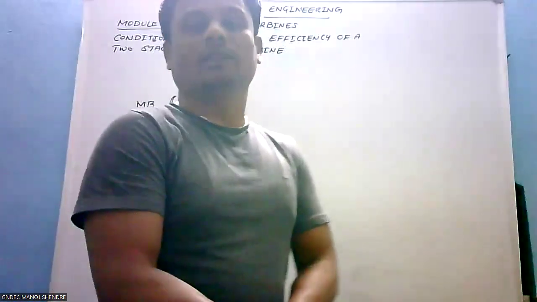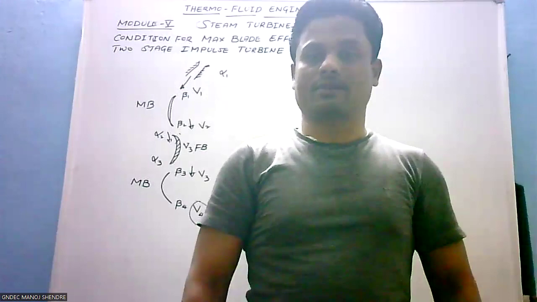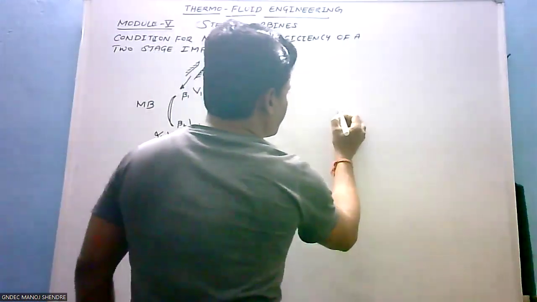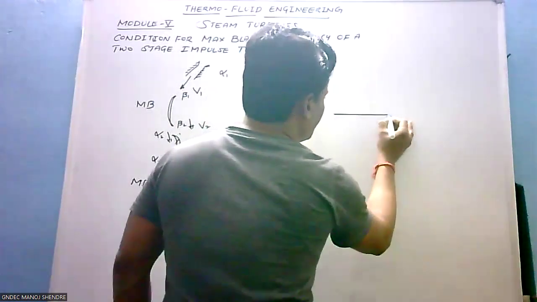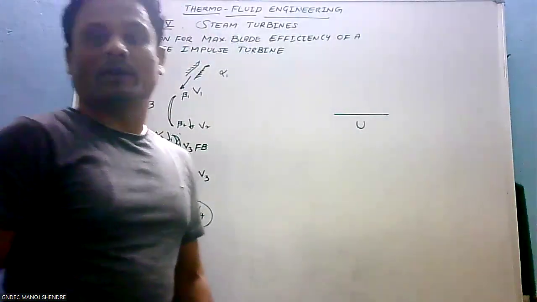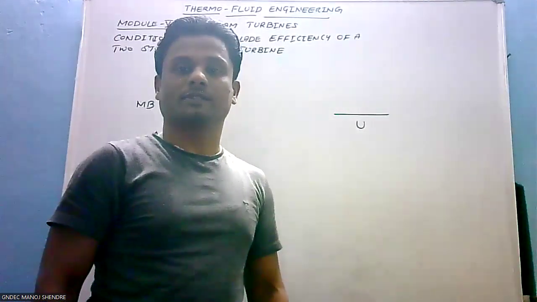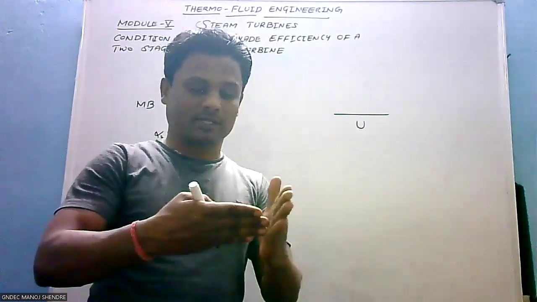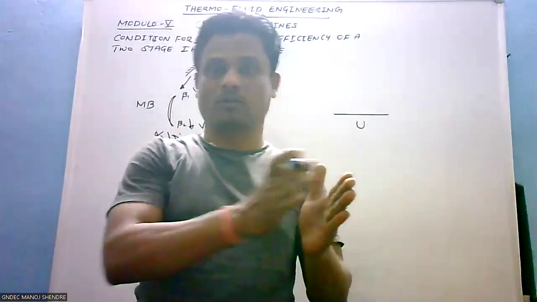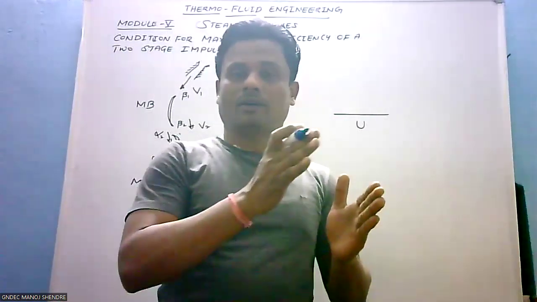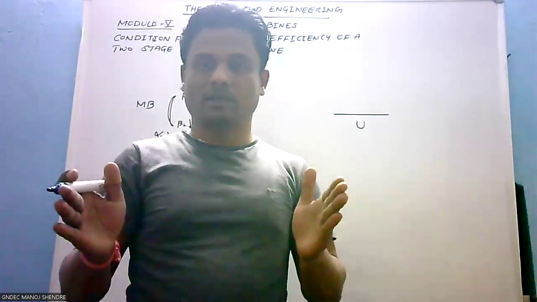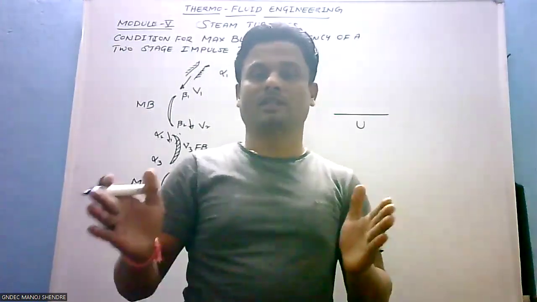Now let us try to draw the combined velocity triangle. First, U is constant. U represents the tangential velocity of the blade. We have the set of runners mounted on the same shaft. So if the RPM of the shaft is the same, then definitely it experiences the same tangential velocity.